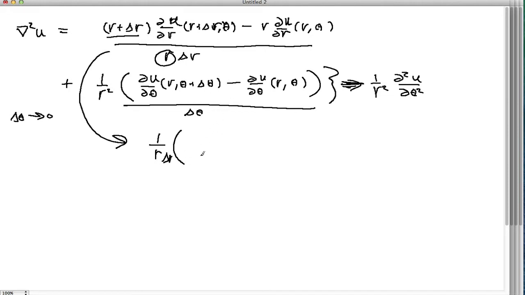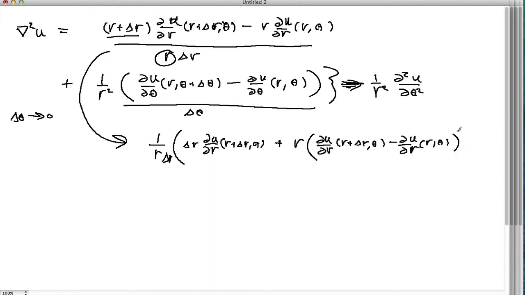I'm just going to do a little bit of factoring here. So we have a delta r, partial of u, and then we have plus, and I'll factor that, okay. So that's a delta r down there.